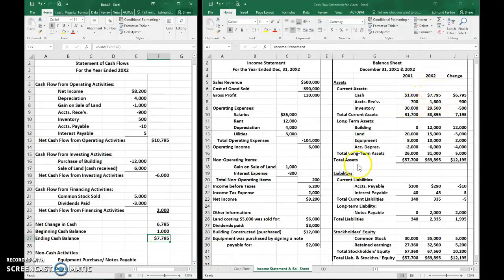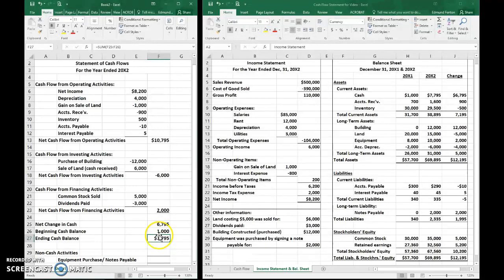That must equal. Once we've done this, gone through all these sections, accounted for all these changes and the cash flow involved, we have proven that the overall net change in cash, $6,795, ties into our change in the balance sheet account of cash. It went from $1,000 up to $7,795.